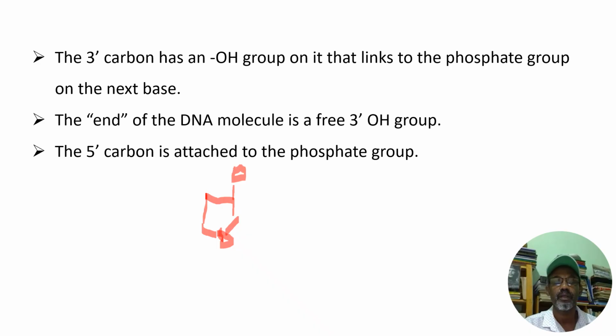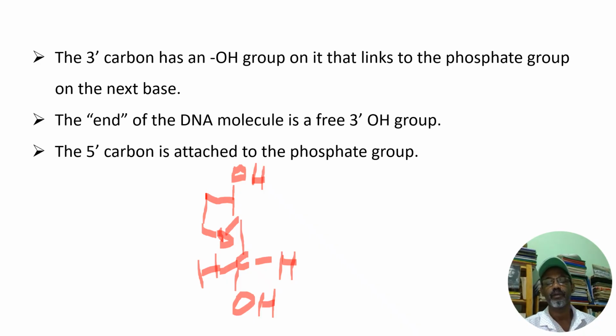This OH is known as the 3' OH. Whereas we do have a carbon here. This carbon contains 2 hydrogen atoms and 1 OH here. And therefore this is the 5' carbon. This carbon is known as the 3' carbon.